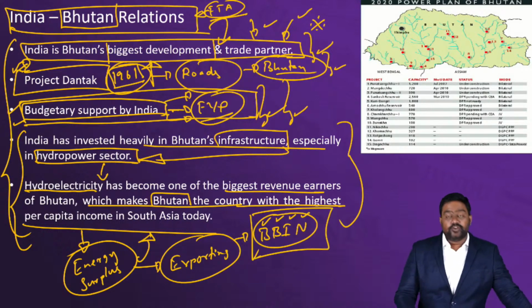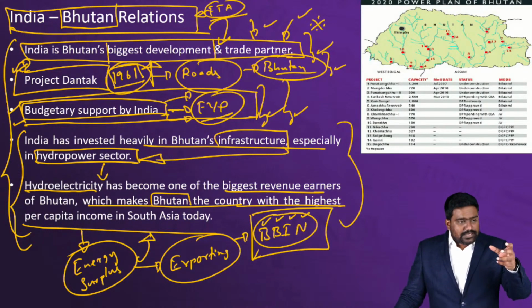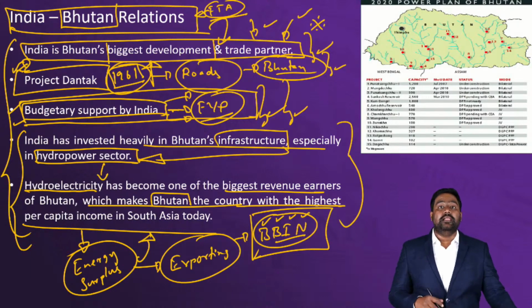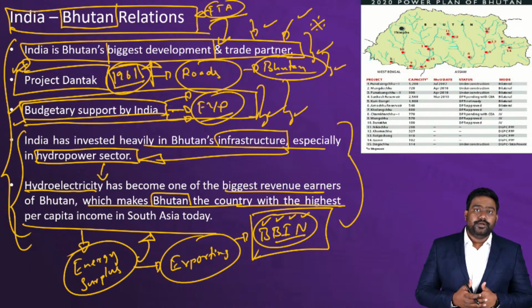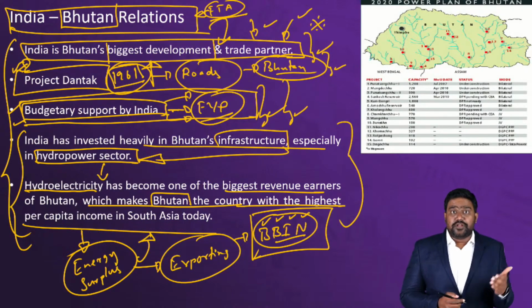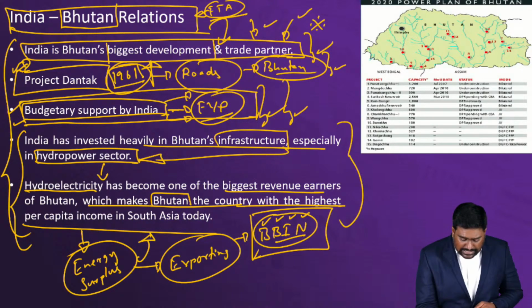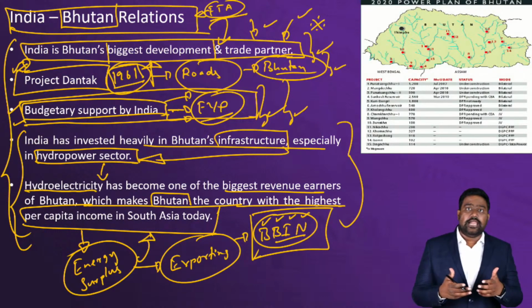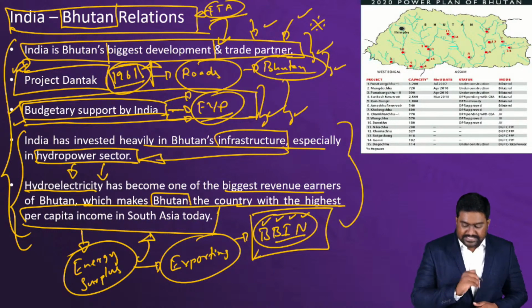Through these Indian hydropower projects in Bhutan, the excess electricity is bought by India, and India uses its power grid that we have set up in this region, and we re-export the electricity to Bangladesh and Nepal, which are energy deficient. So Bhutan is earning a lot of revenue, and it has become the country with the highest per capita income in South Asia today. It's all because of India's help, India's investments in the hydropower sector.